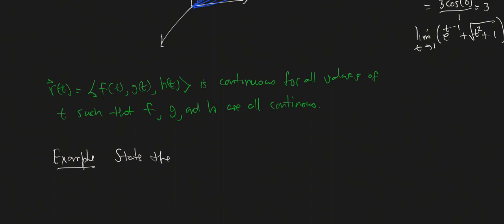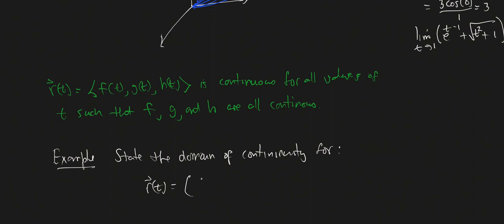The question might be worded like this: state the domain of continuity for, and let's say here is our vector function. I'll use the ijk notation.